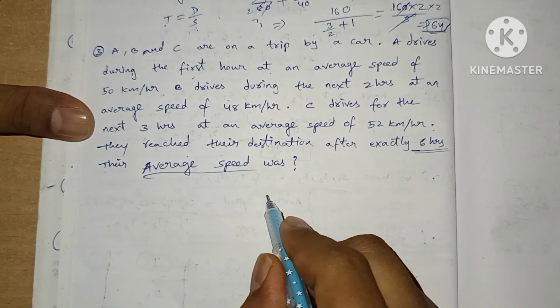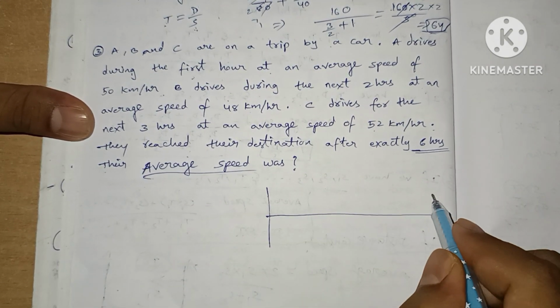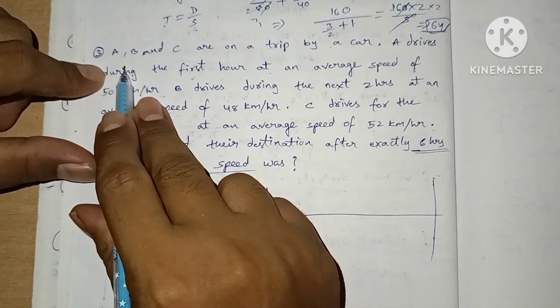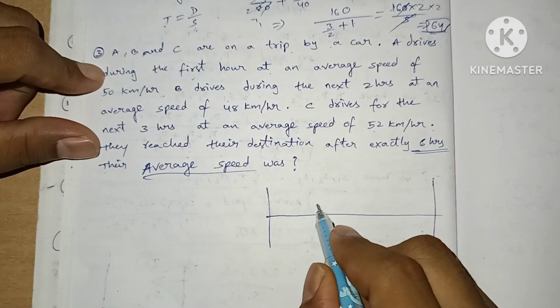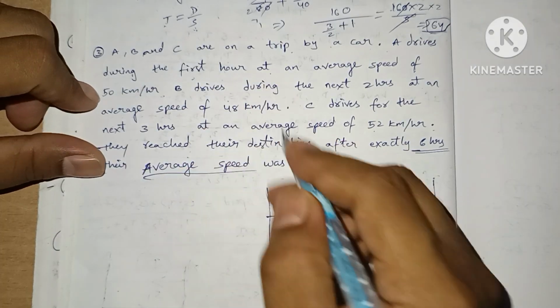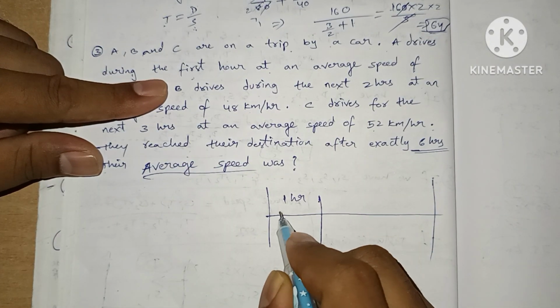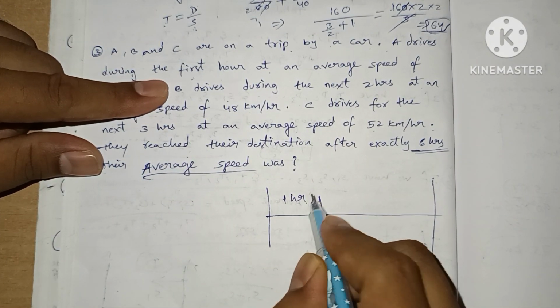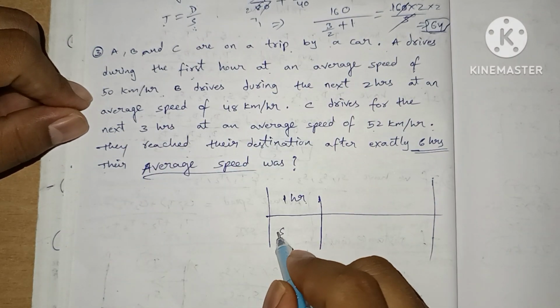Okay, the question is nothing but A, B and C on a trip by a car. First, A drives the first hour, time given as 1 hour, with a speed of 50 kilometers per hour.